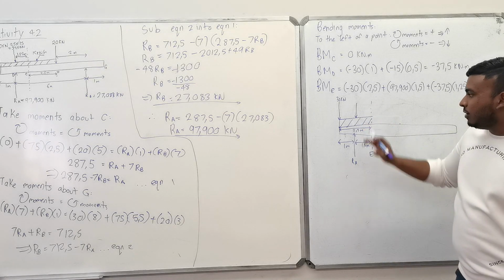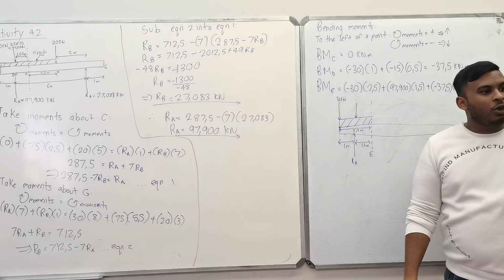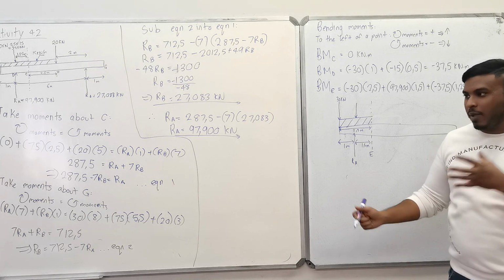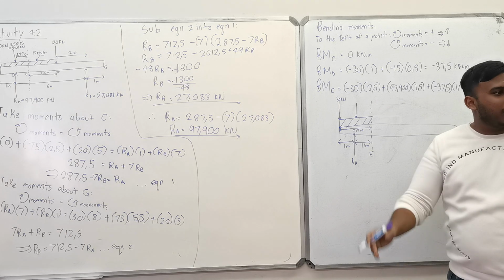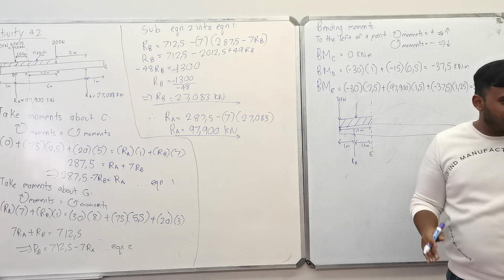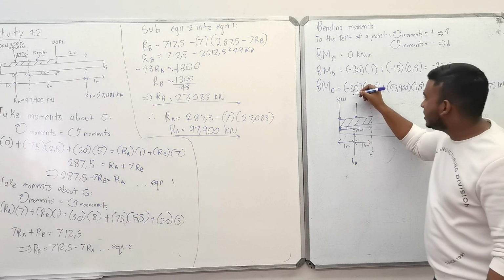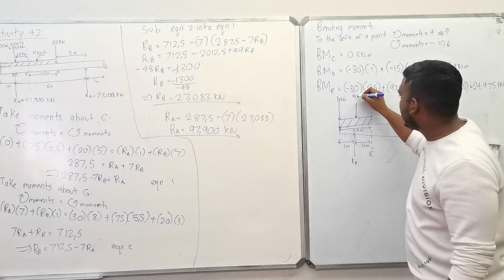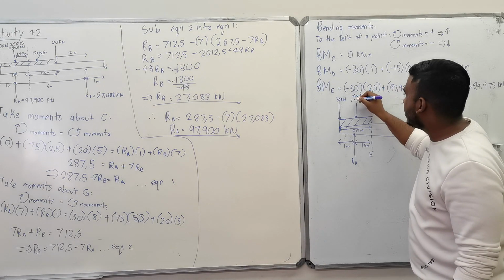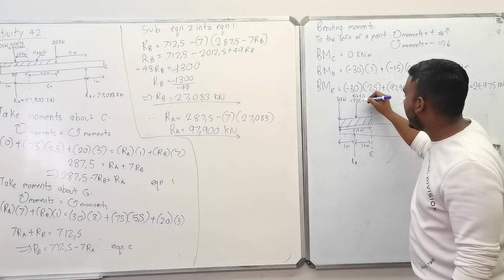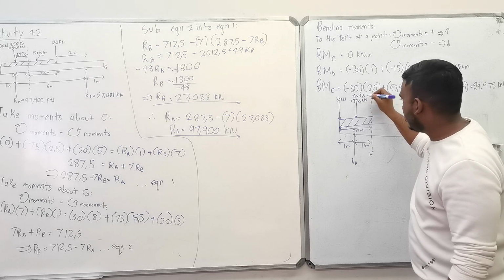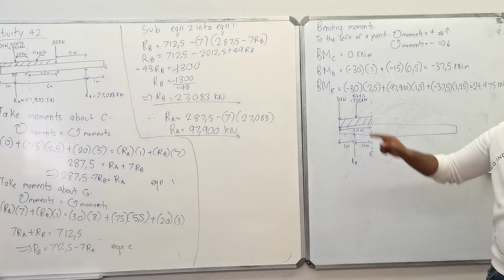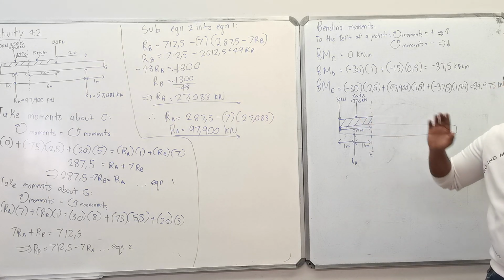When we convert it into a concentrated load, you take the magnitude they give us and multiply it by the distance of the load. So this here would be 15 times 2.5, which equals 37.5 kilonewtons. And this distance from here to here will be how much?